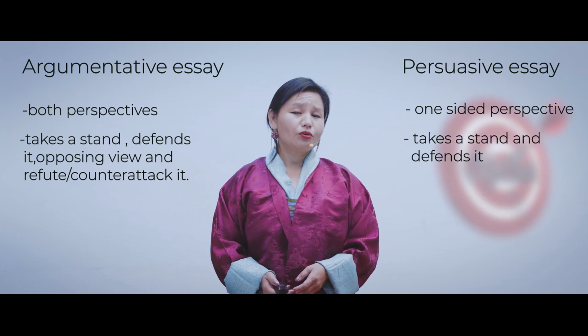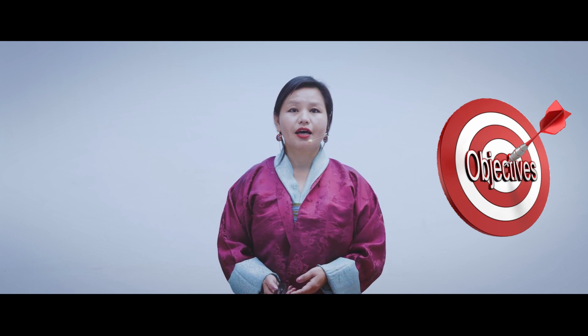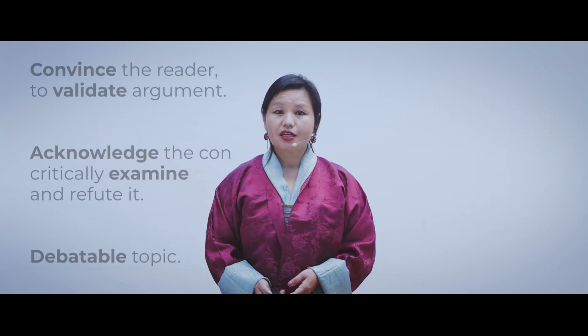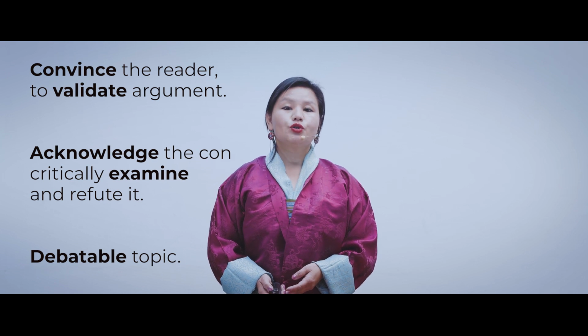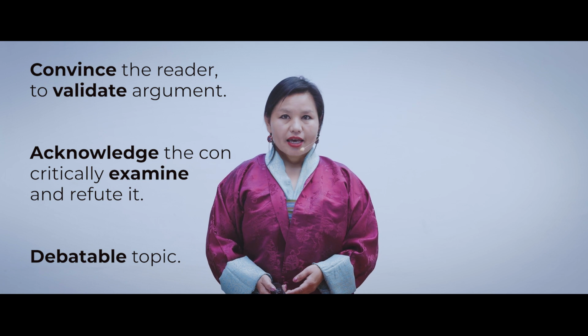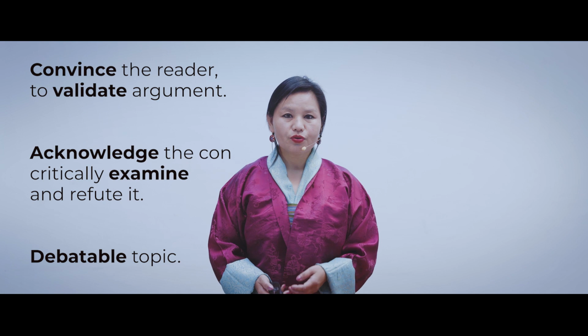Now, what is the objective behind writing an argumentative essay? So the objective is the writer wants to convince the readers to validate his argument, as well as also bring out the opposing idea and then refute it.